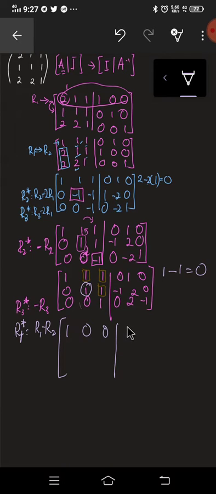And then continue with 0. Sorry, here is R1 minus R2. 0 minus negative 1 is 2. 1 minus 2 is negative 1. 0 minus 0 is 0. And then copy for other row. 0, 0, 1, 0, 2, negative 1.